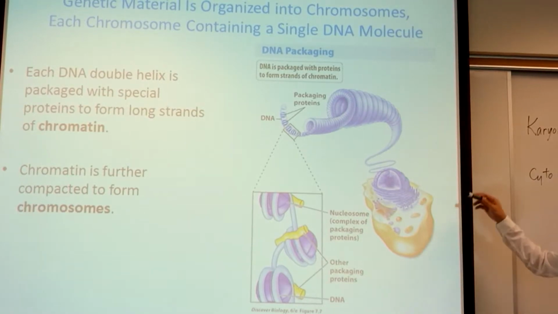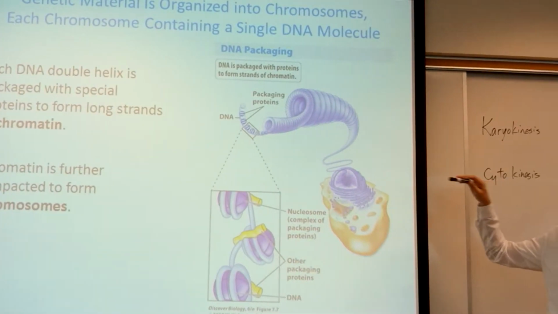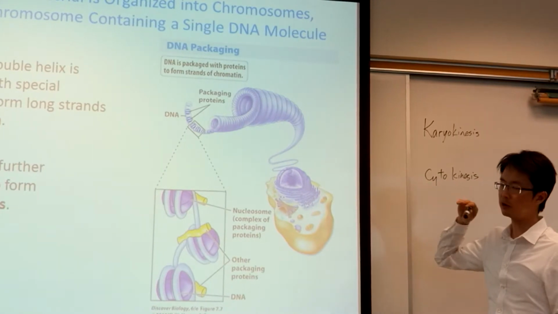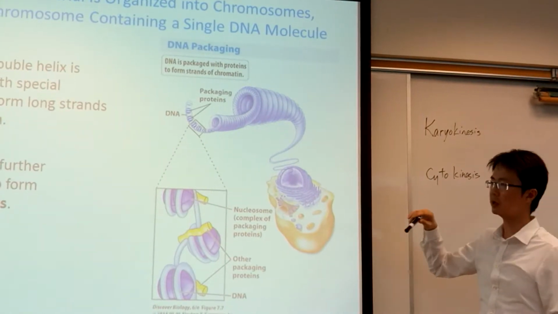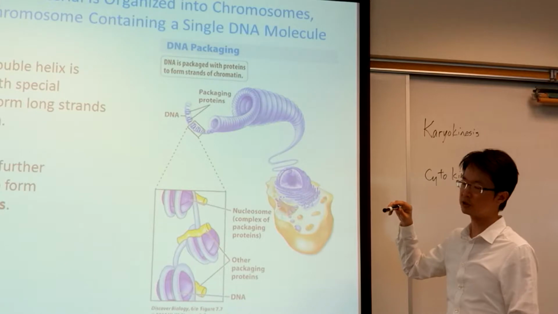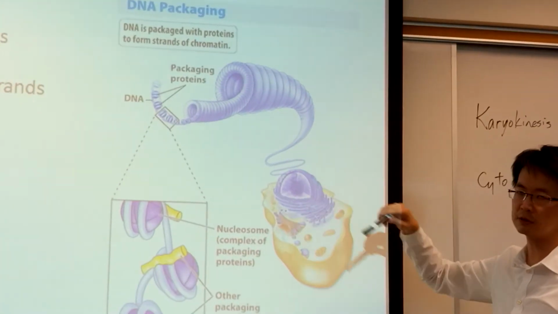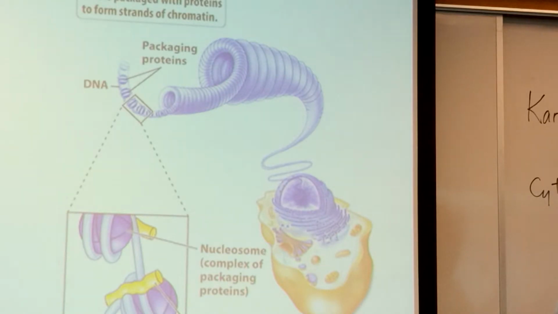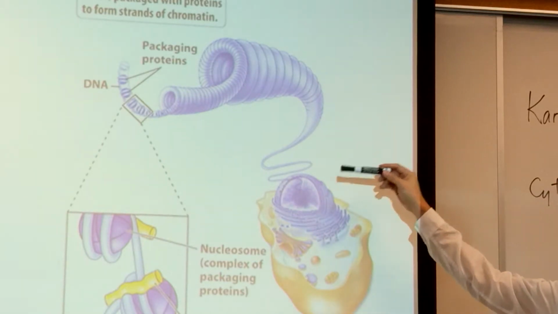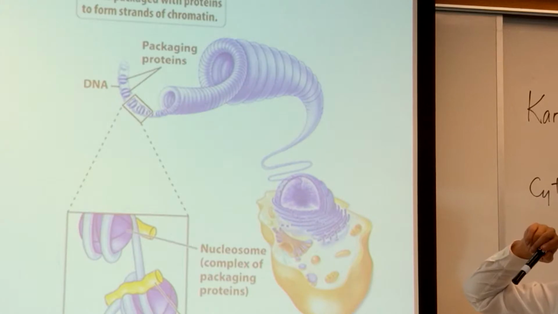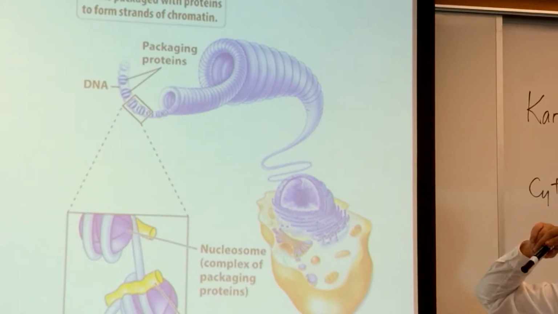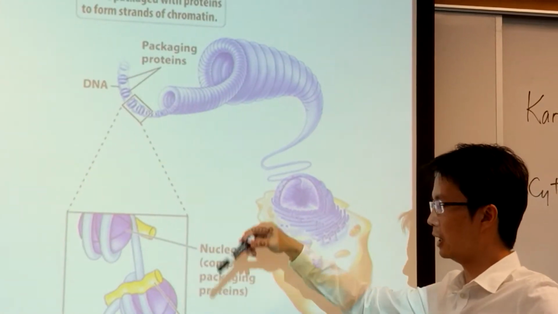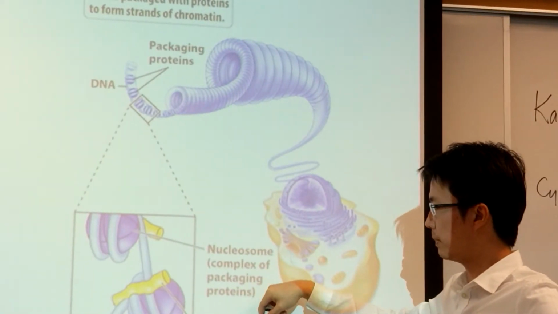So I want to tell people that the DNA is arranged in different organization levels. The lowest, or simplest, organization level is that DNA is freely floating inside the nucleus, and then you also surround it with some packaging protein.